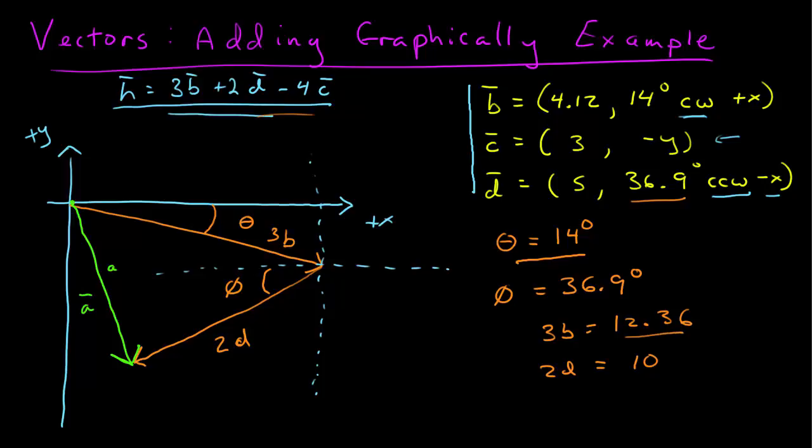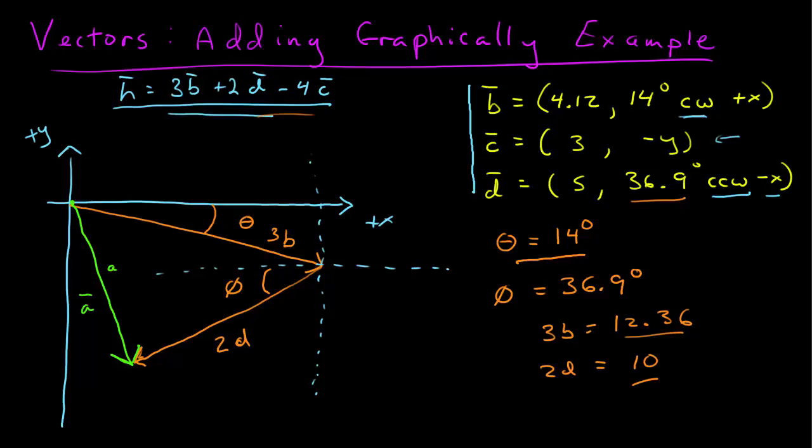But given that 12 is greater than 10, and the 3b vector is at a shallower angle than 2d, I know that when it comes back it doesn't cross the y-axis, so my proportions are at least roughly correct. That can be important to be able to calculate your angles correctly, to get your picture roughly correct.